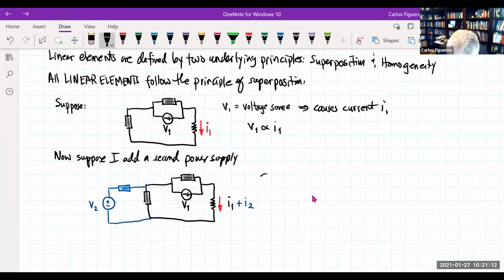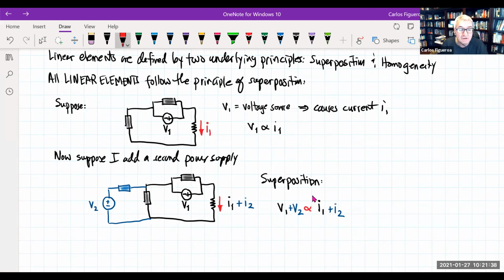So what superposition says is that if I have V1, it's going to produce a current I1. If I suddenly add a second voltage source, because it's linear, the current is now going to be proportional.